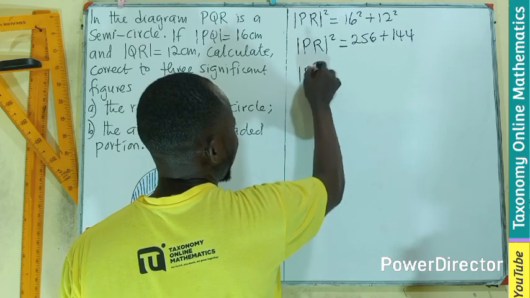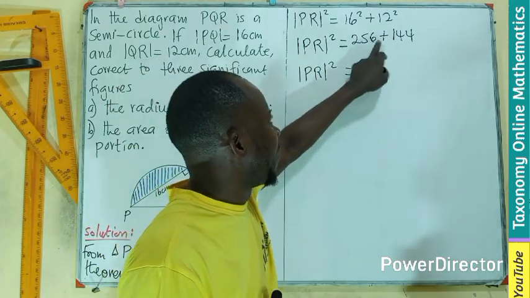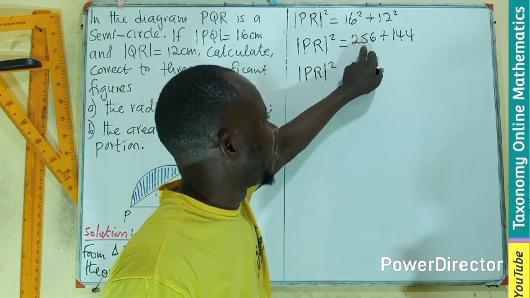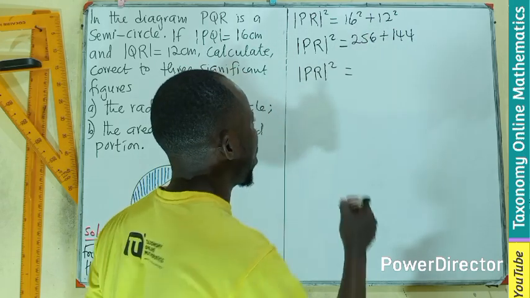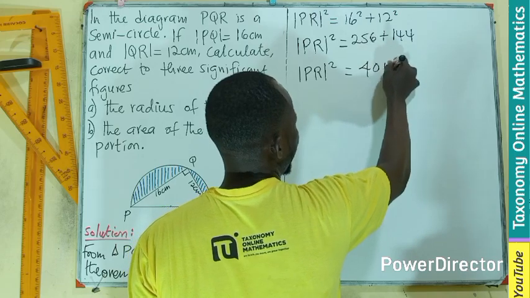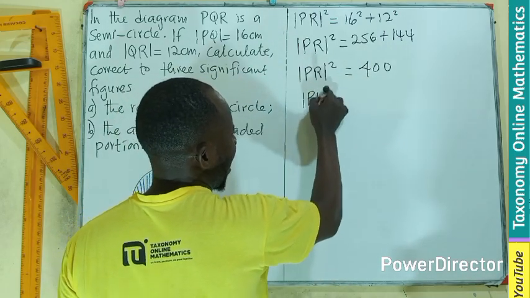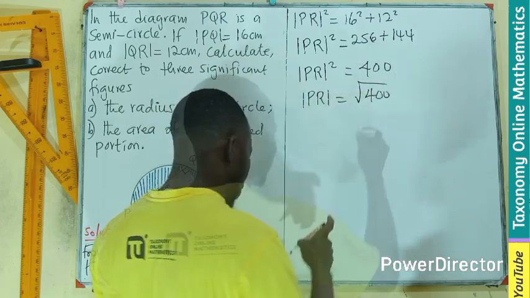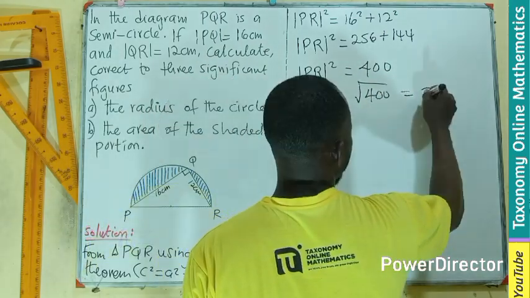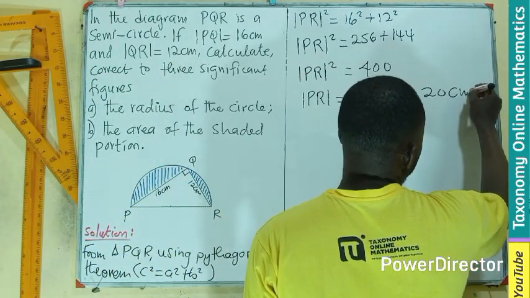If we add that, it will be 400. Now PR will be equal to the root of 400. So this gives us 20 centimeters.